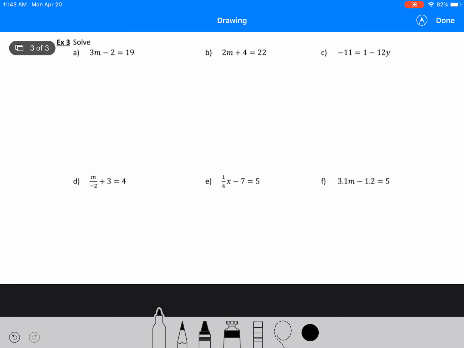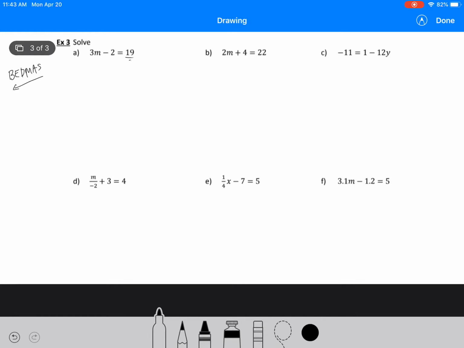Always remember the process to do this is we do BEDMAS, but we go backwards. We start at addition, subtraction, and we move in the opposite direction. That's the process to move things to the other side. Again, the reason why is if I try to divide first, so here I try to divide by 3, then I have to divide everything by 3.